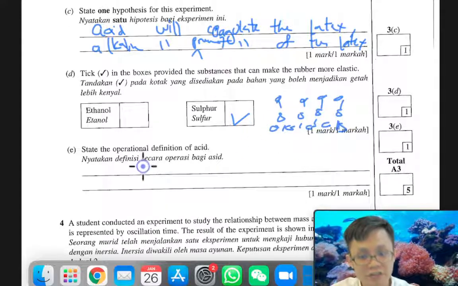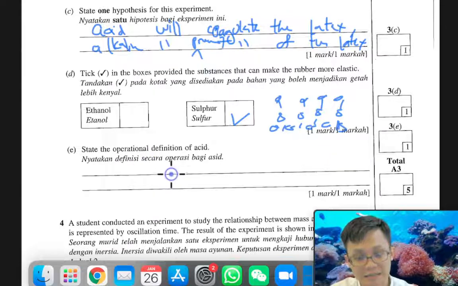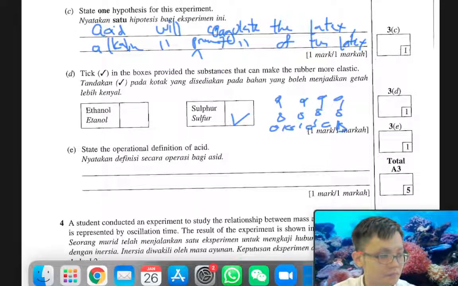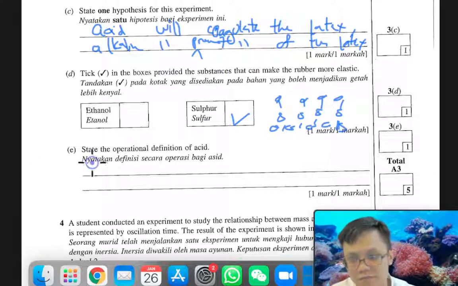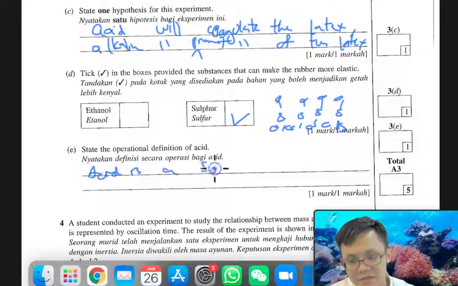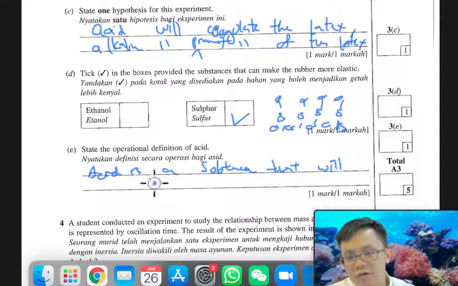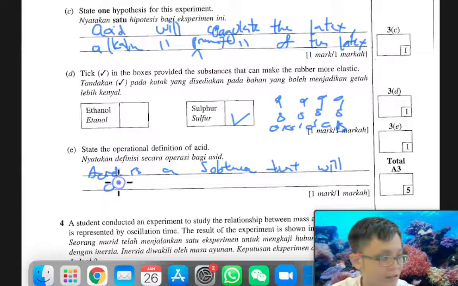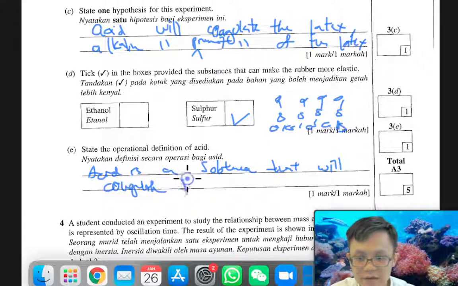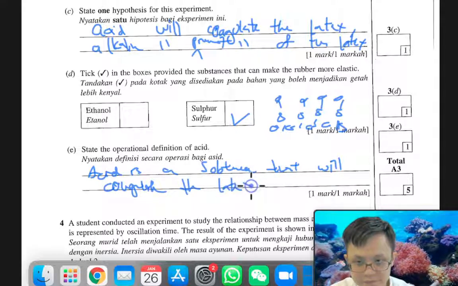State the operational definition of acid. Acid is a type of substance that will coagulate latex. Very good. Acid is a substance that will coagulate the latex.